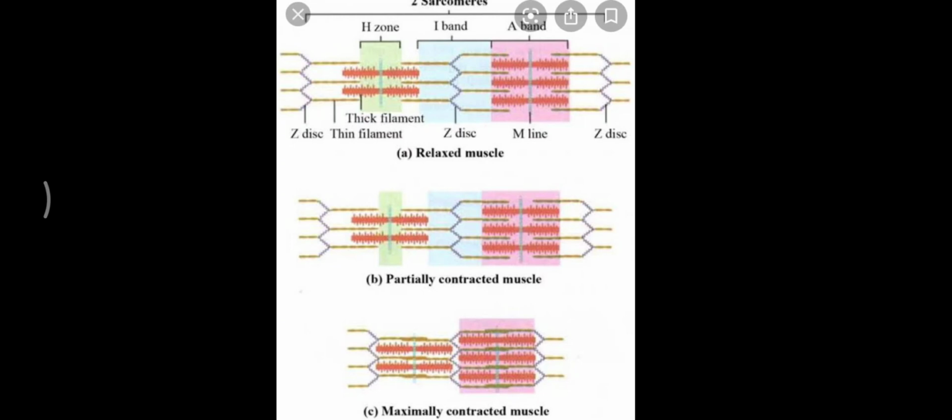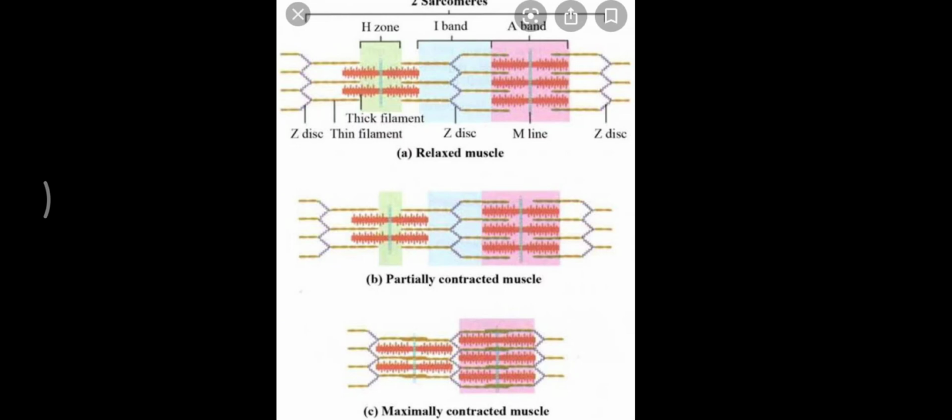When the contraction occurs, you can see that the thin fibers, shown by the brown color, are pulled inward and overlap the thick fibers, shown by the red color. Finally, the area between the two Z lines is reduced in the last figure.